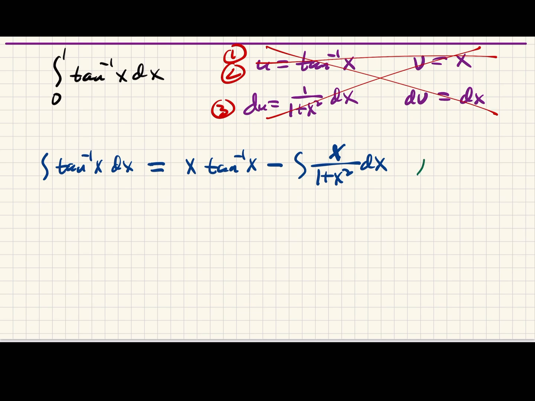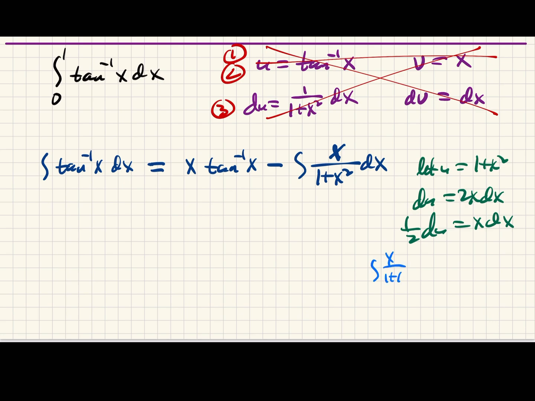So here we'll just let u be 1 plus x squared. Then du is just 2x dx. So 1/2 du is x dx. So that whole part right there, that integral x over 1 plus x squared dx, just winds up being 1/2 the integral of 1 over u du, right?